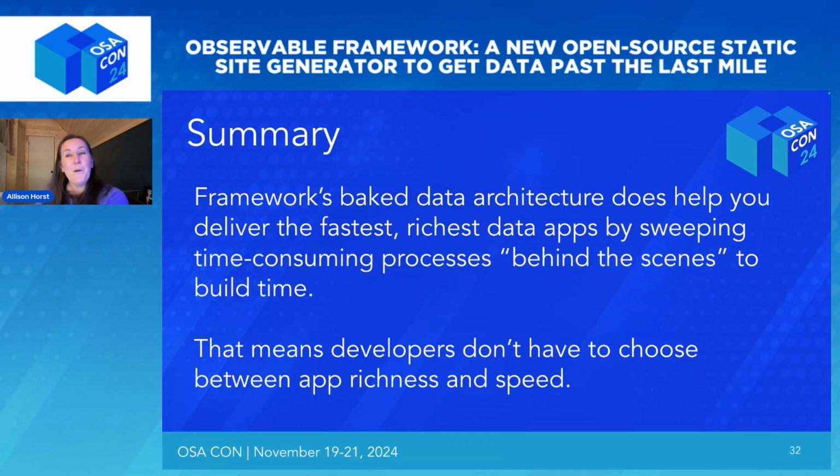So, to summarize, we are not saying that we make all of your data processing and analysis instantaneous. Even your builds might still take a long time. But what we're offering with Framework is a way to deliver the fastest, richest data apps so you don't have to make a trade-off between the awesome apps of your dreams and performance by pushing slow processing behind the scenes to build time, so that you can really have your cake and eat it too with great visualization and really speedy apps.